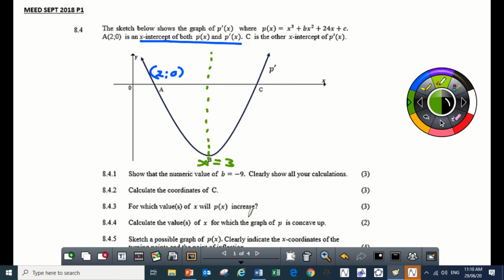But how did you use the first derivative? That's my question. We know that the x values of the x-intercepts of the first derivative are the x values of the turning points of the cubic graph.